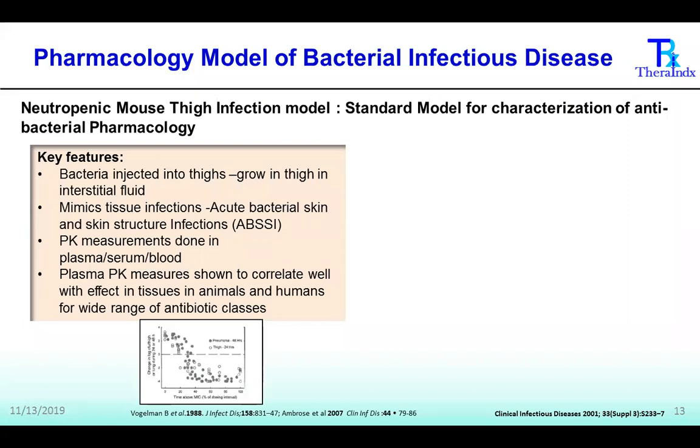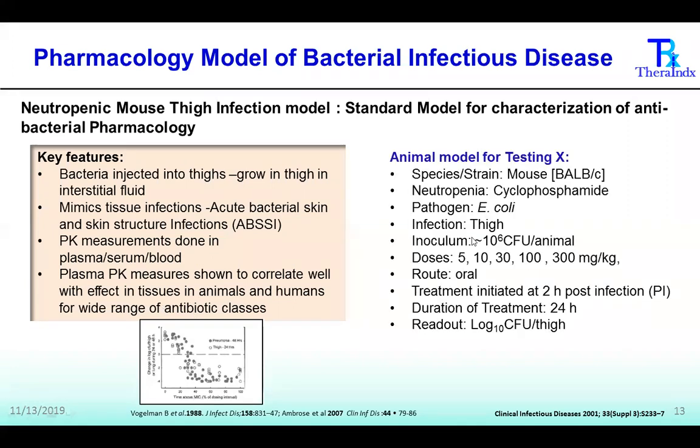This model mimics tissue infections, that's the acute bacterial skin and skin structure infections. PK measurements are routinely done in plasma, serum, or blood. And it has been shown that plasma PK measures correlate well with effect in tissues in animals and humans for a wide range of antibiotic classes. In other words, this model is well validated.